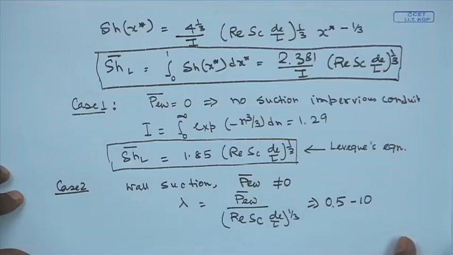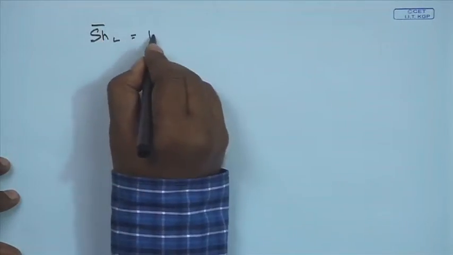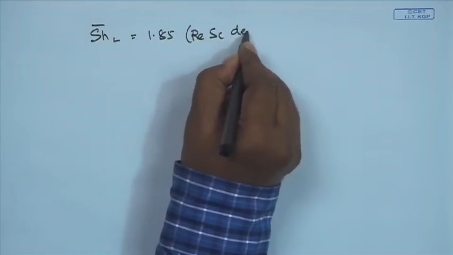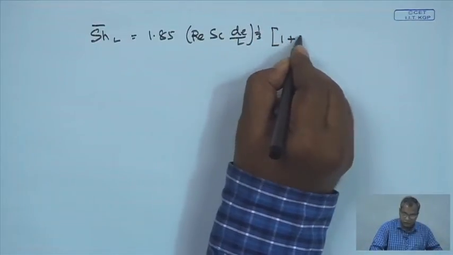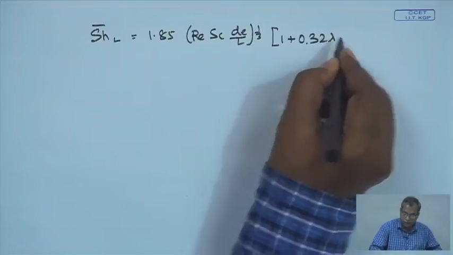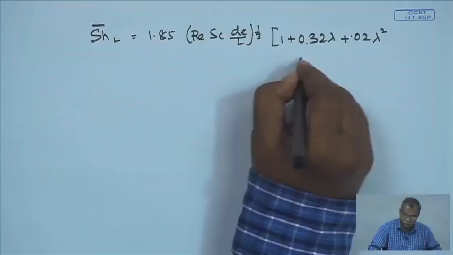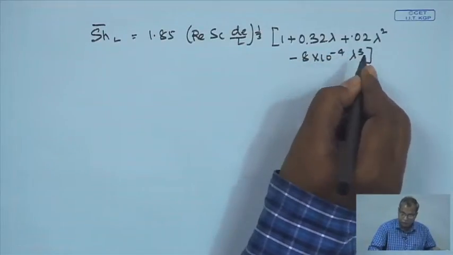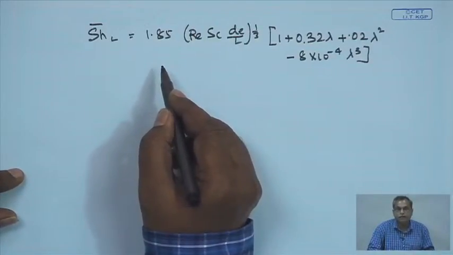If we do that, then we get the length average Sherwood number equal to 1.85 Reynolds Schmidt d by L to the power 1 upon 3, times 1 plus 0.32 lambda plus 0.02 lambda square minus 8 into 10 to the power minus 4 lambda cube. Now, this will be the expression of the Sherwood number in a membrane channel when the walls are really porous.